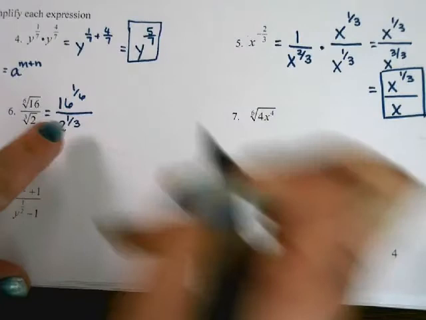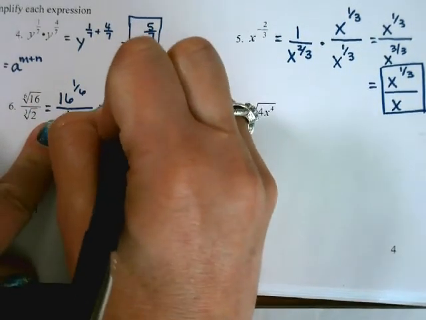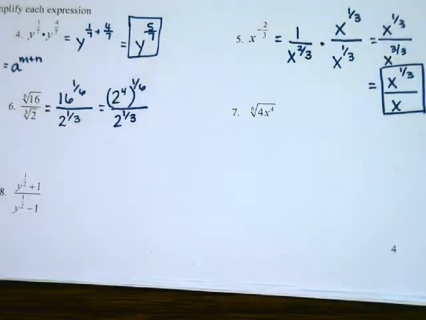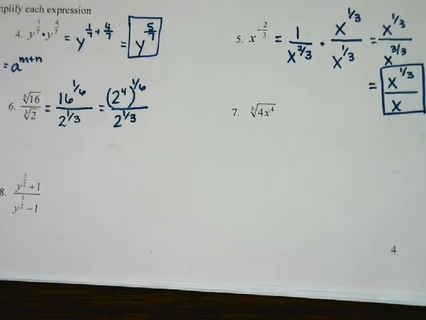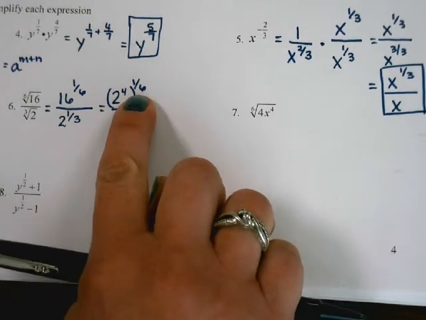Okay, so we're going to rewrite this top guy as 2 to the 4th to the 1/6 divided by 2 to the 1/3. Okay, so power to a power. You multiply.